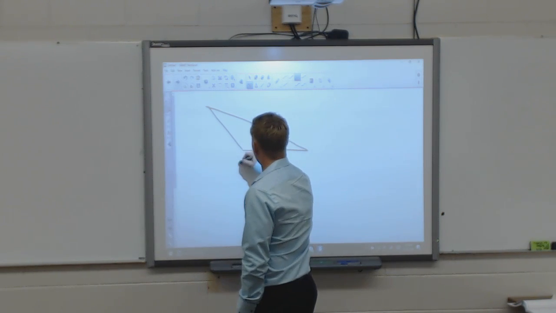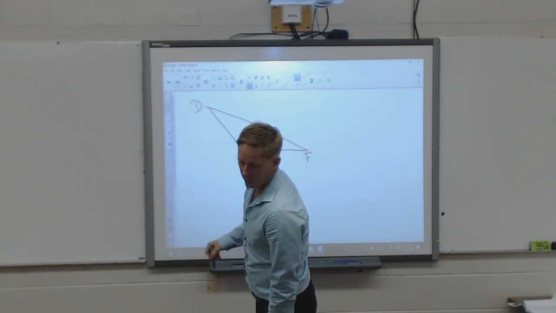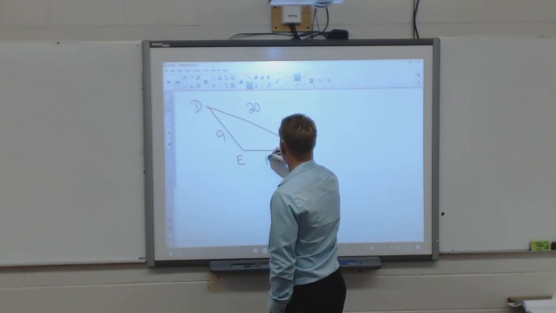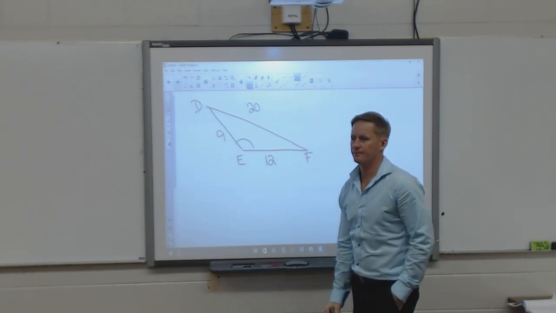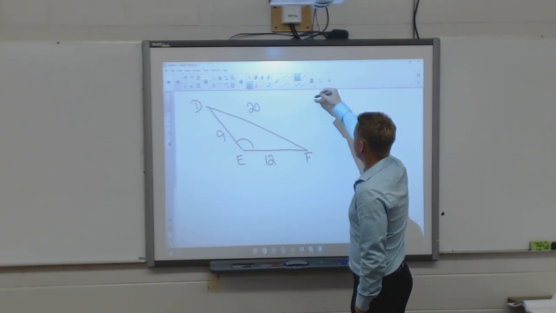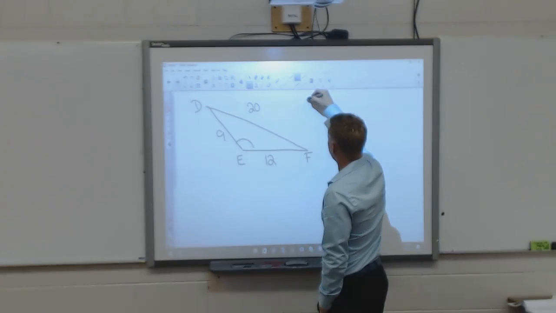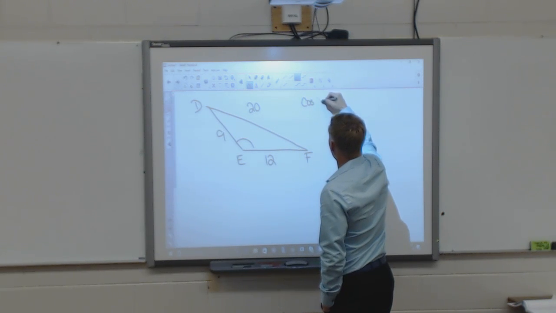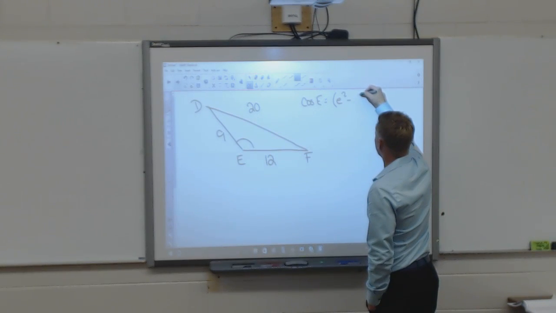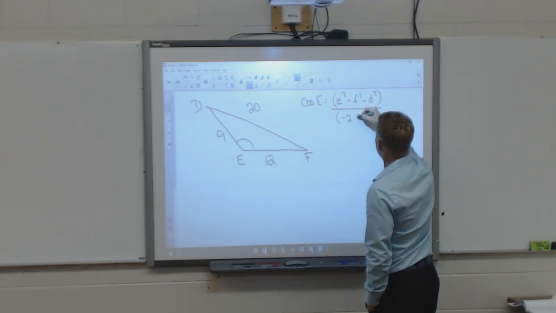We have 20, 9, and 12. I want to find angle E. So I have three sides, so I have to use cos law. The cos of angle E is equal to E squared minus F squared minus D squared over minus 2FD.